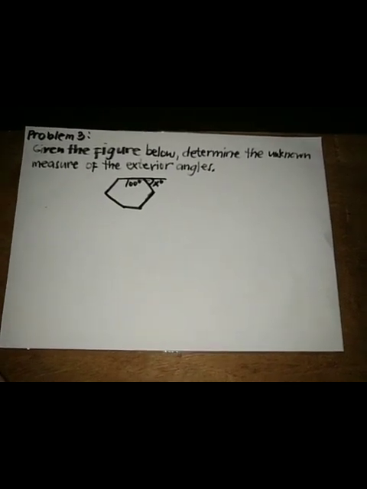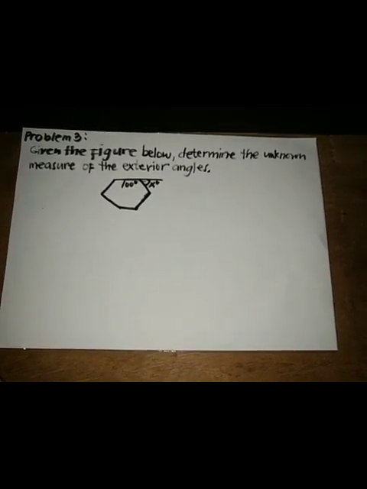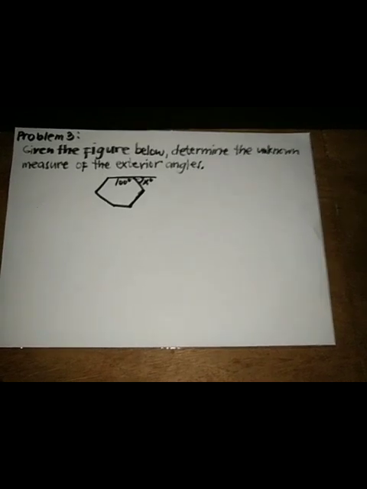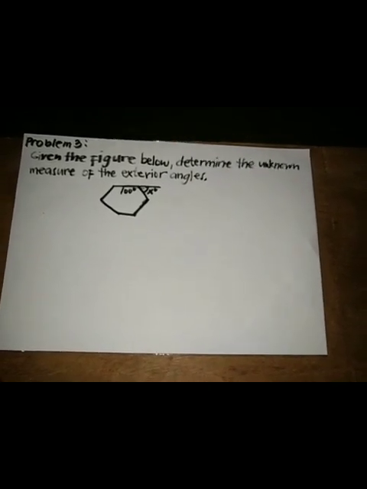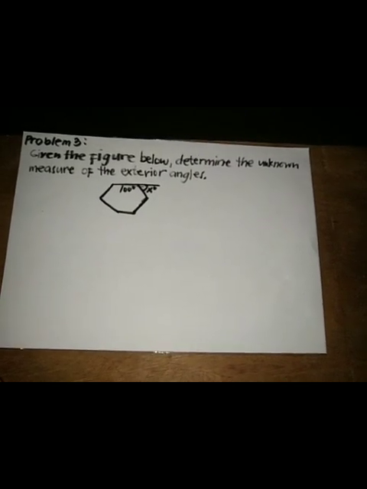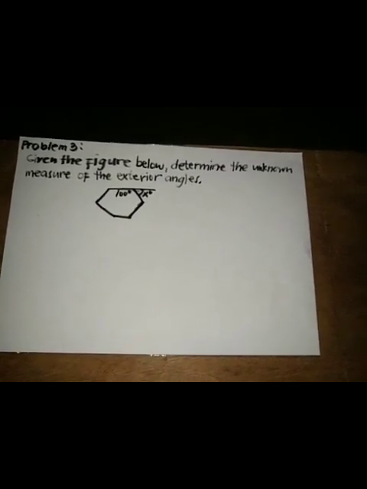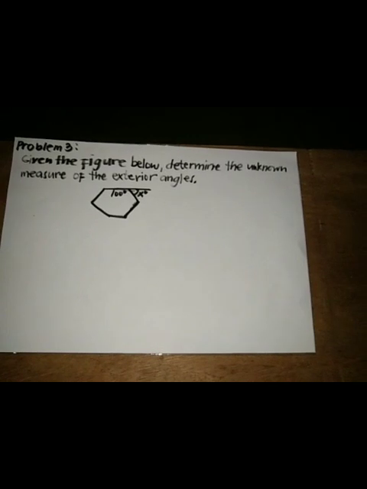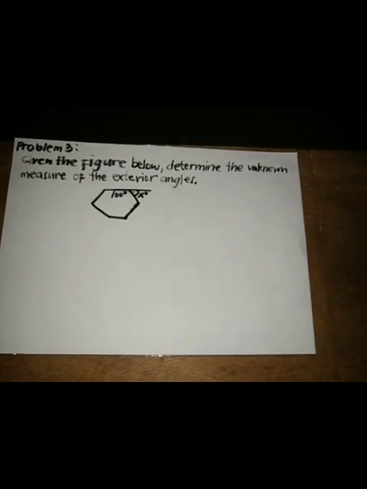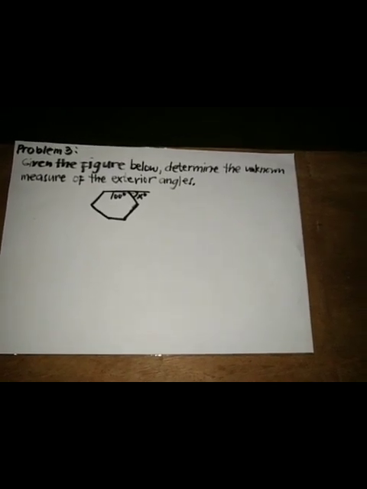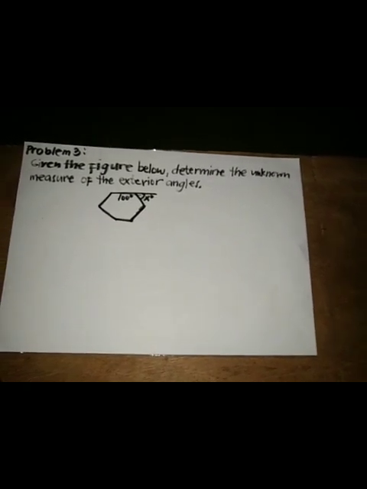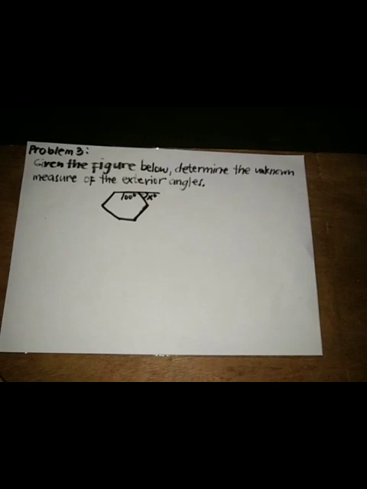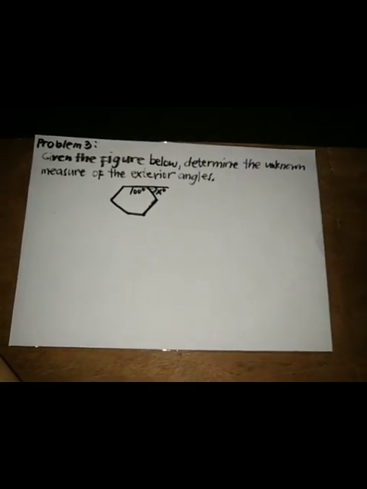Step 2. Notice that in the given figure, the interior and exterior angle are considered a linear pair. In other words, they are the two angles created along one line when two lines intersect, and since they form a line, the sum of their measure is always 180 degrees.